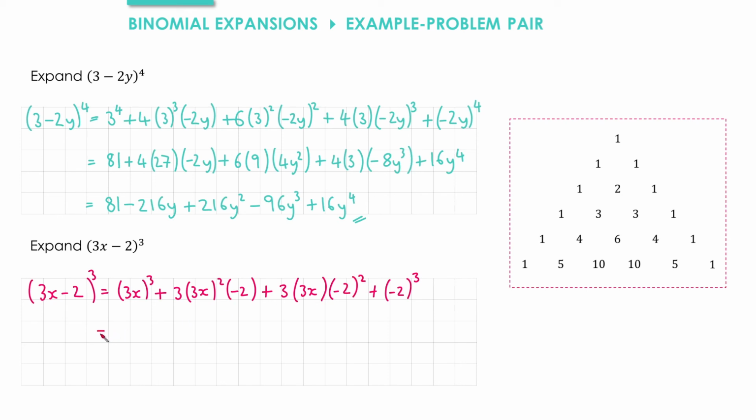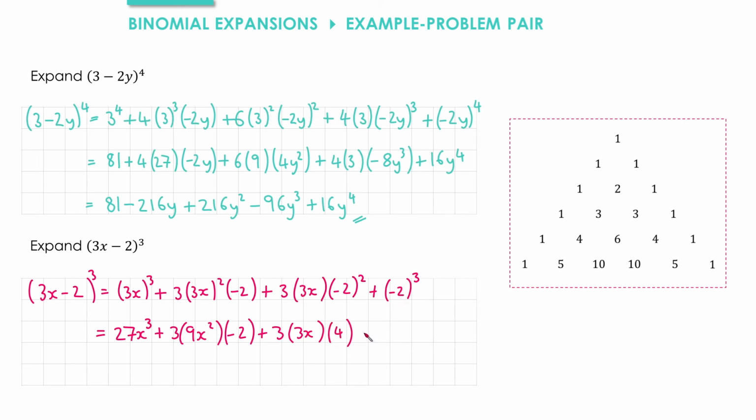Then we just tidy up and simplify. 3 cubed is 27, so that gives us 27x cubed. For the next term, we'll leave the 3 on the outside. We've got (3x) in a bracket all squared, so that becomes 9 multiplied by x squared. And then we'll leave the negative 2 for now. And then we've got 3 multiplied by 3x, and then (negative 2) squared is positive 4.